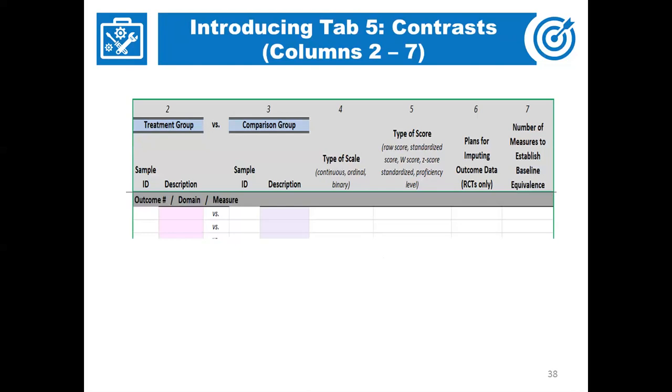You pick from the list you've made on the prior tab which 2 samples are being compared for a particular analysis. Here you're talking about the type of scale and score for the outcome measurement, whether you have any plans for imputing outcome data, and, if you need to establish baseline equivalence, how many measures you're going to use to establish it.